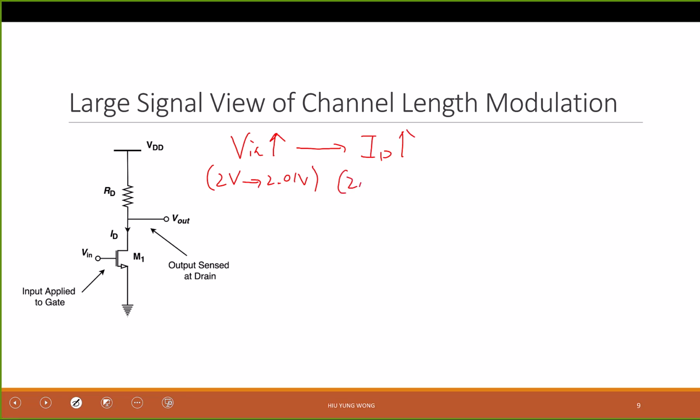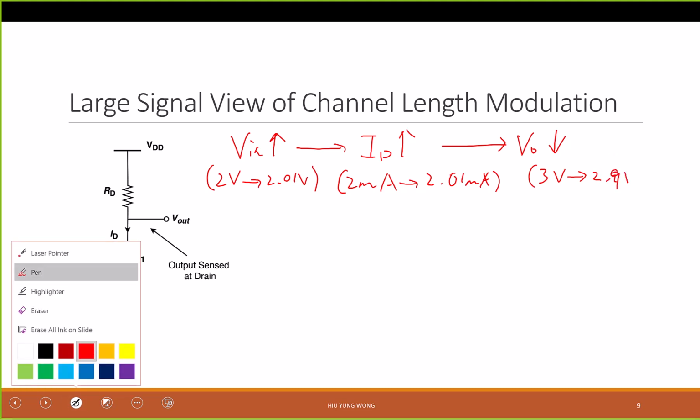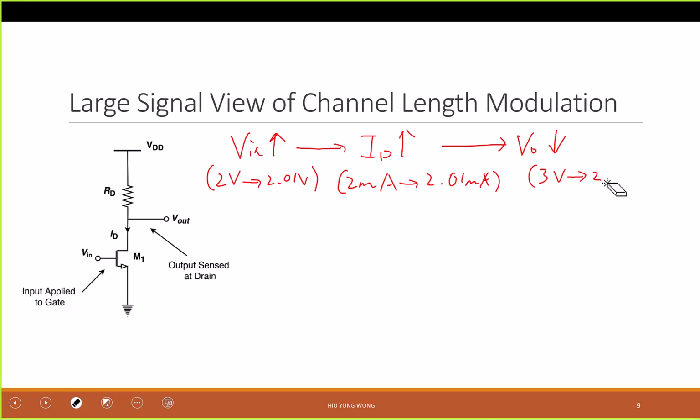It may go from 2 milliampere to 2.01 milliampere. That's okay, right? That's what we discussed just now. And then what happened to the output? Well, it will decrease because of the potential drop. So maybe from 3 volts to 2.9 volt. Is this okay? That's what we said just now, right?